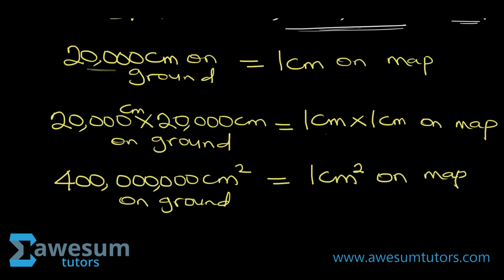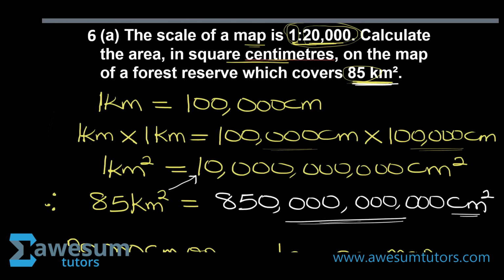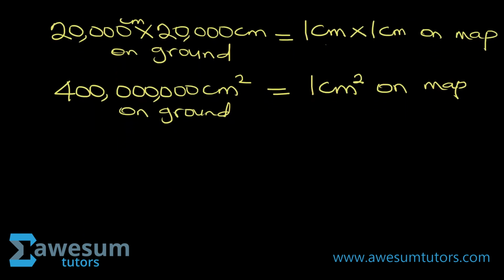So that means that this scale that we have that says 20,000 centimeters on the ground is equal to 1 centimeter on the map can be translated to 400 million centimeter square to 1 centimeter square, which is what we just got right here.